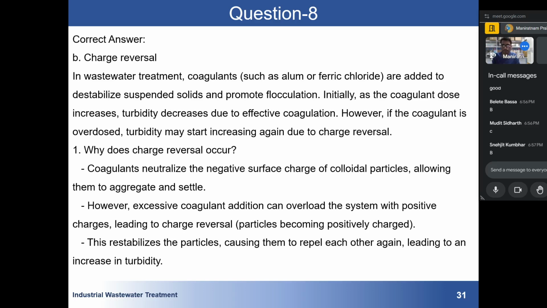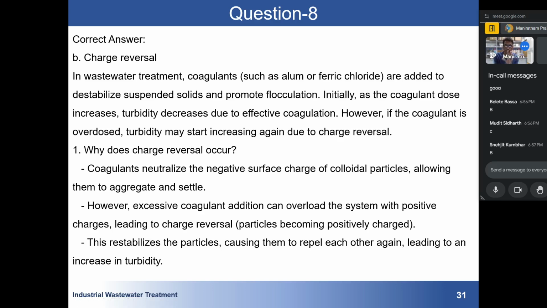Now, in wastewater treatment, coagulants such as alum or ferric chloride are added to destabilize the suspended solids and promote flocculation.